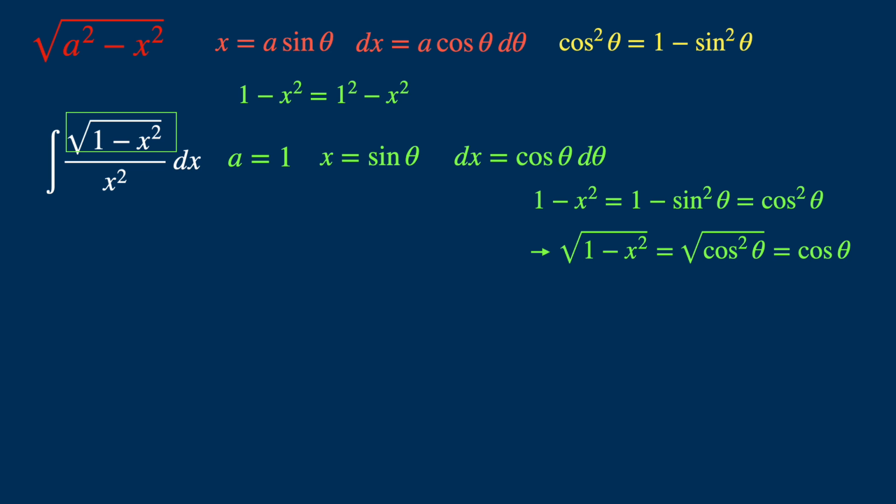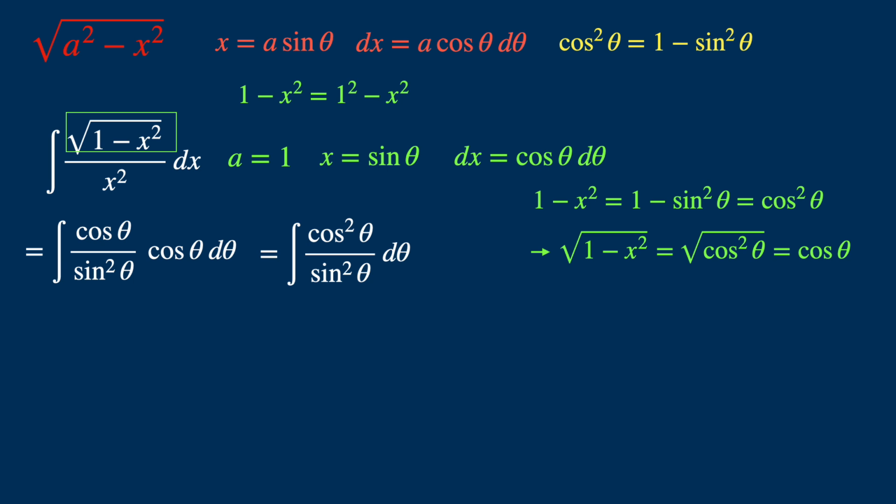Now, let's plug back into the original integration. The integral of cosine theta in the numerator. x is gonna be sine theta, that's why sine squared theta in the denominator. dx is gonna be cosine theta d theta. Now, let's simplify this one: cosine squared theta over sine squared theta d theta.